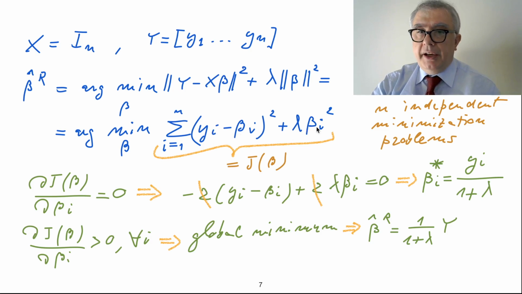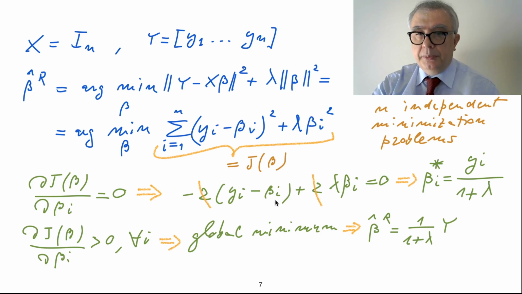So I can just solve for each value of i a minimization problem, and I will find eventually my ridge estimator. This is a simple minimization problem because they are quadratic, but well, I just take the derivative with respect to beta i. This is quite simple.